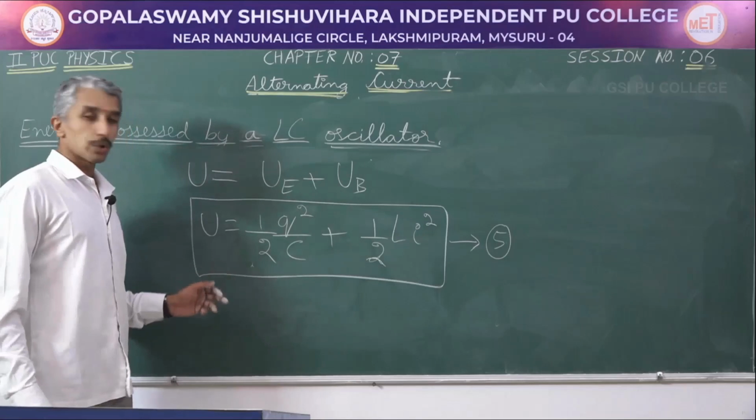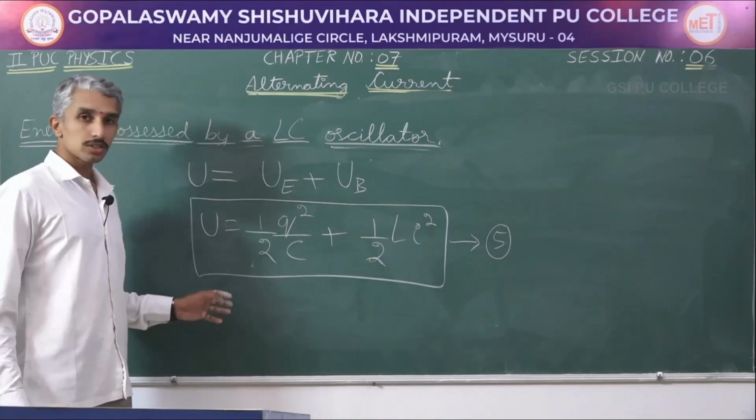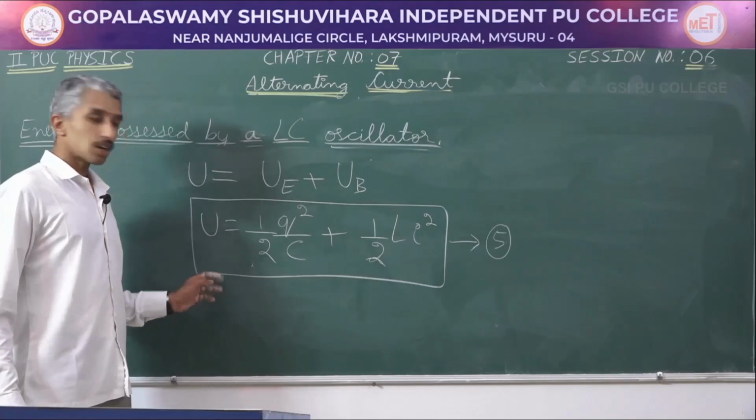Finally, this equation 5 represents the energy possessed by an LC oscillator where the charge or the current is in oscillations.